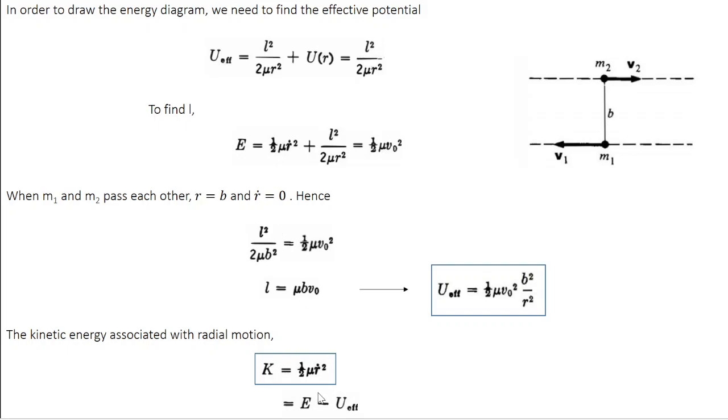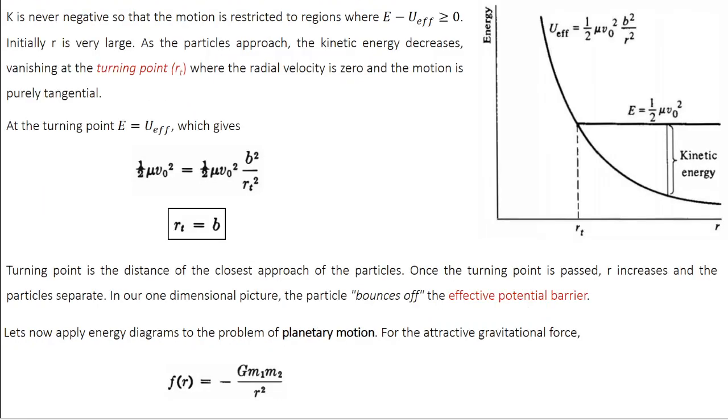Kinetic energy is the total energy minus the effective potential energy. Okay, so since you have all the expressions available, now you can plot them. So you can plot potential energy, kinetic energy and total energy as a function of R. So that's what we do here.